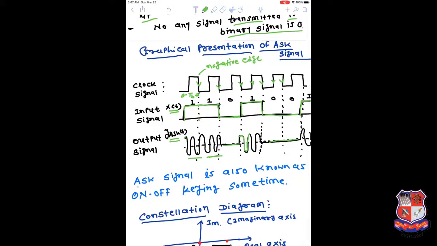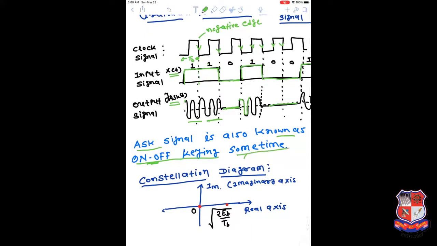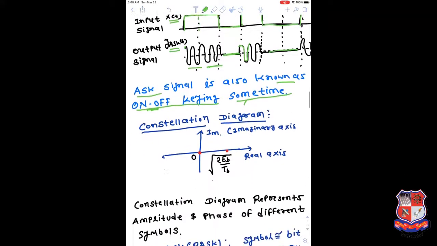So ASK is also sometimes known as an on-off keying signal, because the input x of t is the on-off signal, and as per this signal we transmit either with the amplitude of square root 2 EB by TB cos omega ct, or we transmit nothing if the input bit is a 0. So this is the case that has been described over here.